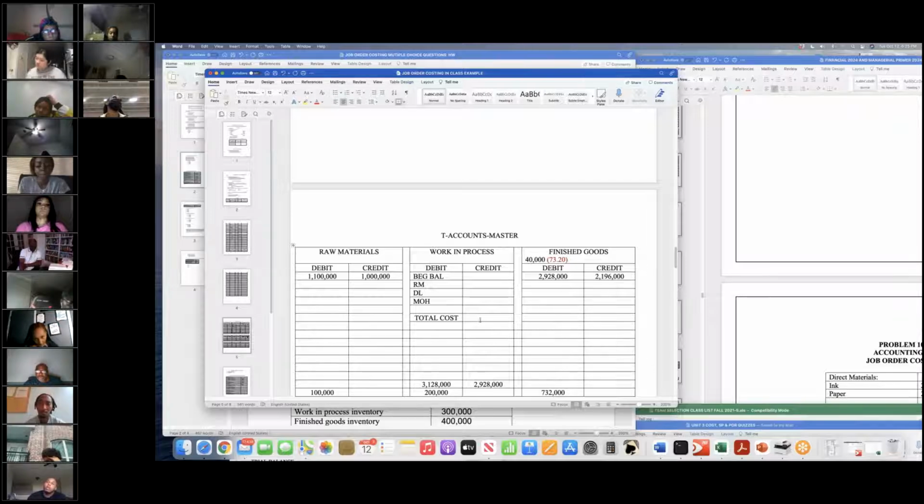You transfer out what's a good name for it? The cost of goods manufactured. So the ones that are completed, what did they use for that?